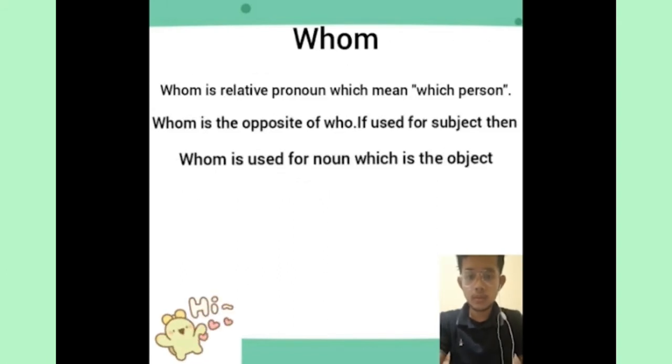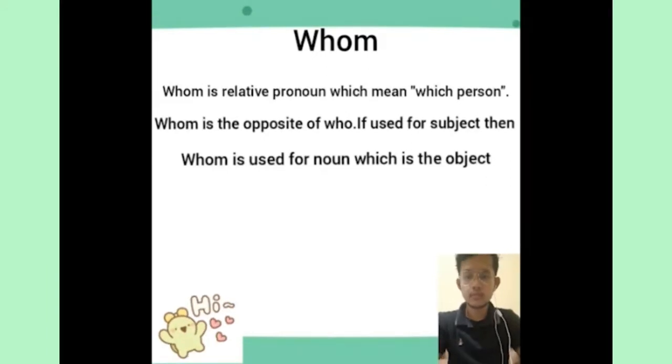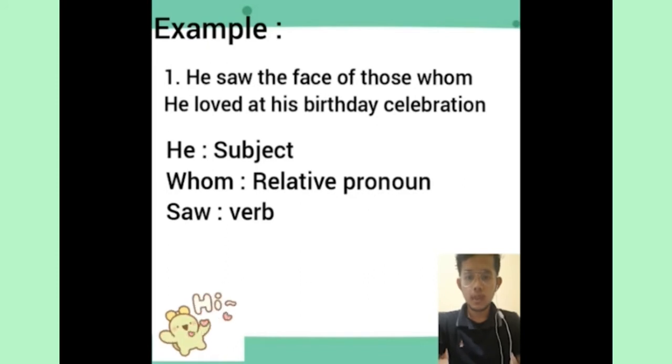Whom. Whom is a relative pronoun which means which person. Whom is the opposite of who. If who is used for subject, then whom is used for object. Example: he saw the face of those whom he loved at his birthday celebration.